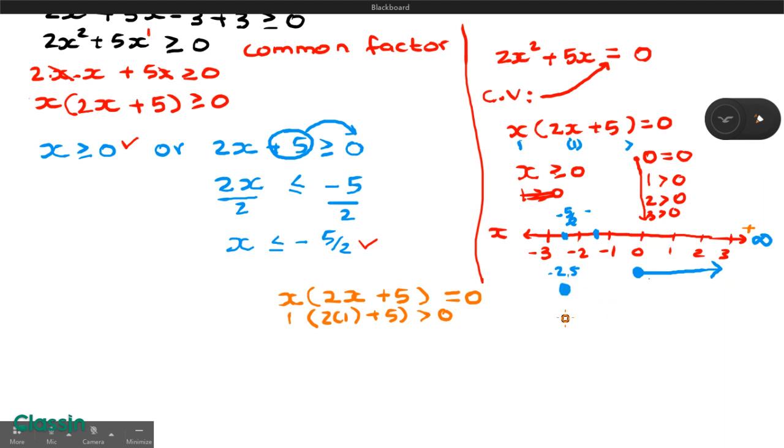But now, let's check. Which value can I put here so that my answer again is equal to 0? If you put negative 2.5, you are going to get an answer that is equal to 0.